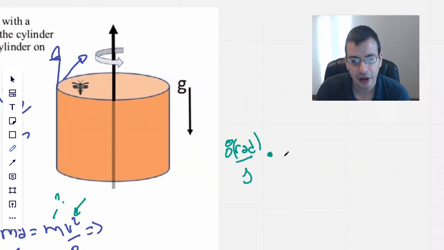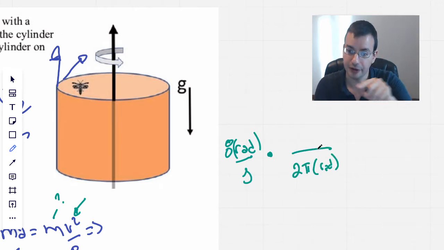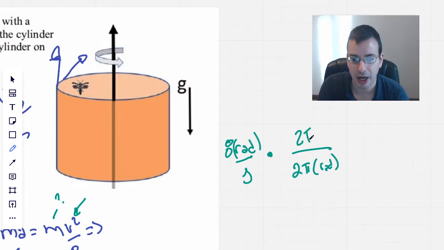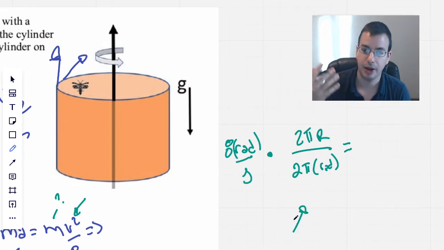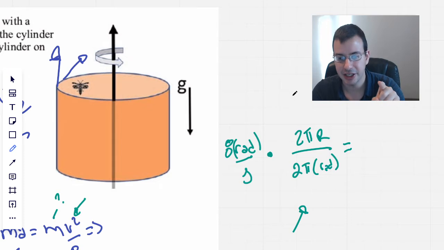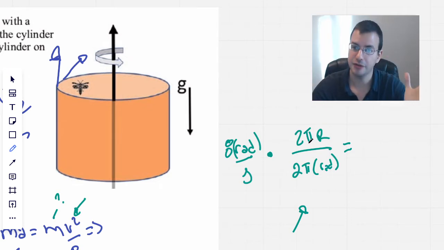To convert radians, in a circle we have 2 pi radians per one circumference, and one circumference would be 2 pi r. There are two things you can always do in math: you can always add 0, and you can always multiply by 1. This part is multiplying by 1 because it's the circumference of a circle.